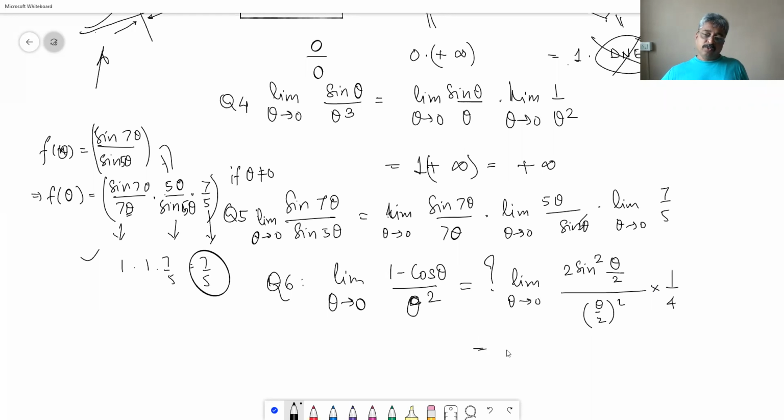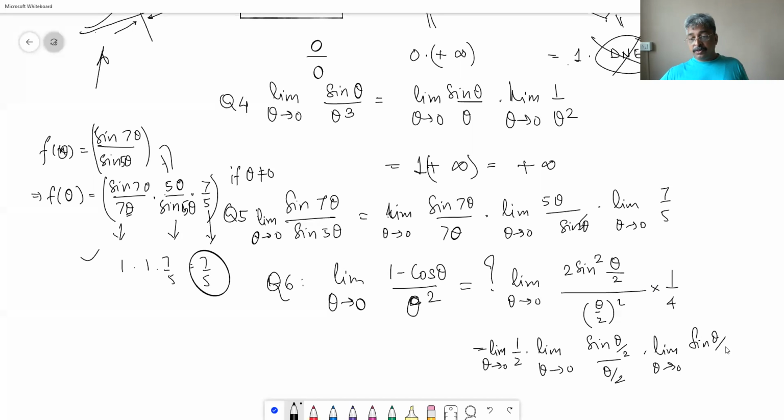Correct? This is equal to 2 into 1 by 4, which is half. So limit theta tends to 0 half into limit theta tends to 0 sine theta by 2 upon theta by 2 into limit theta tends to 0 sine theta by 2 upon theta by 2. So this is half into 1, which is equal to half.